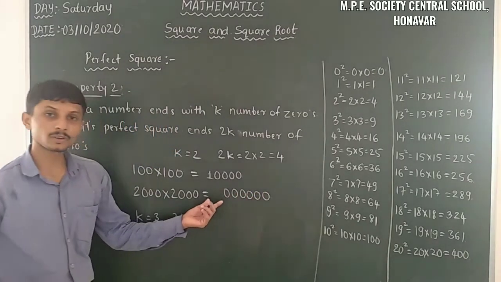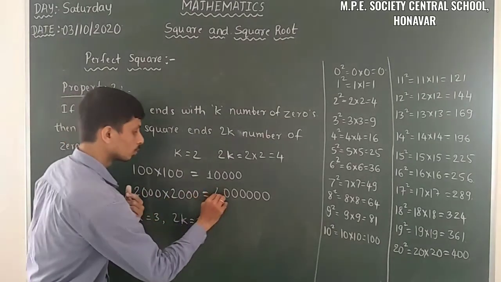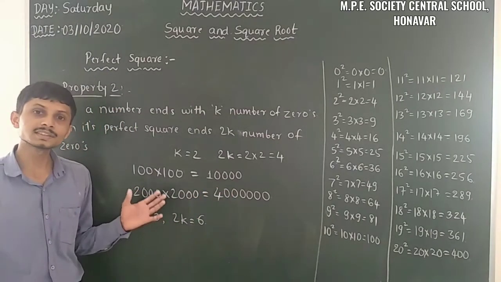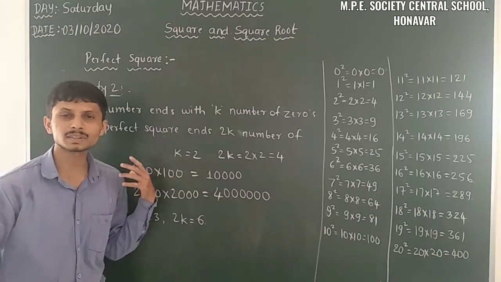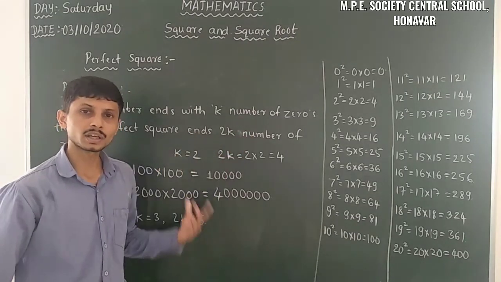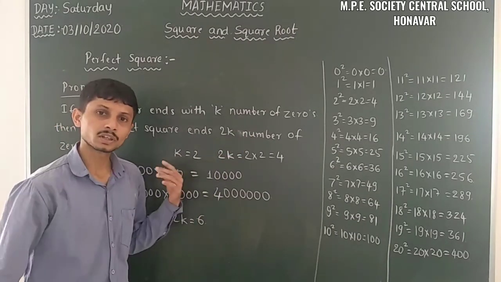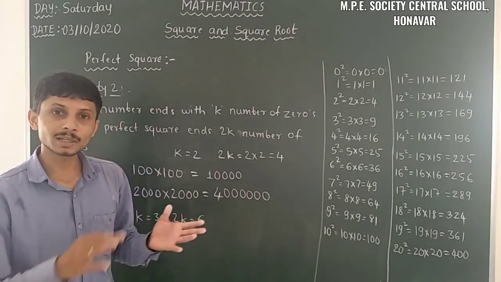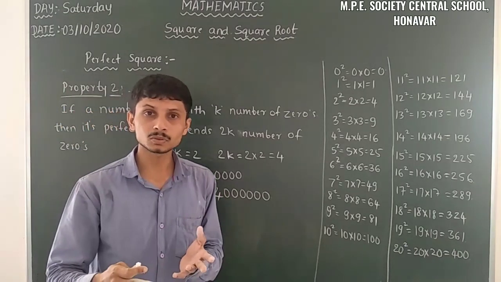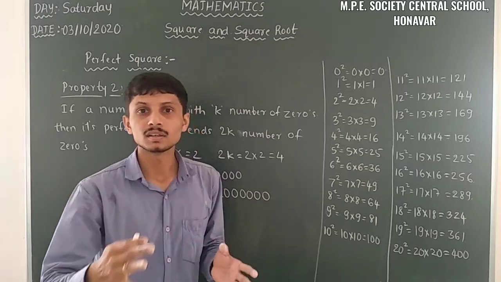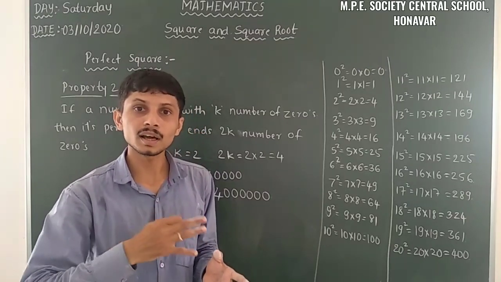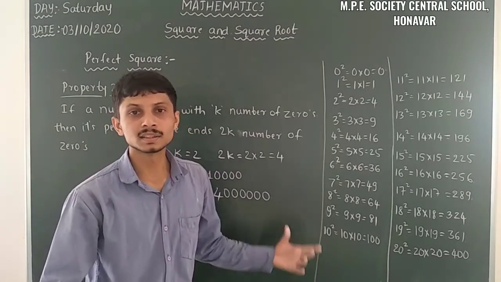Before that, 2 into 2 is 4. The examples are the same; many examples are there. You can take 5 zeros or 6 zeros. After getting the perfect square, the number of zeros is doubled in the ending part of the perfect square.